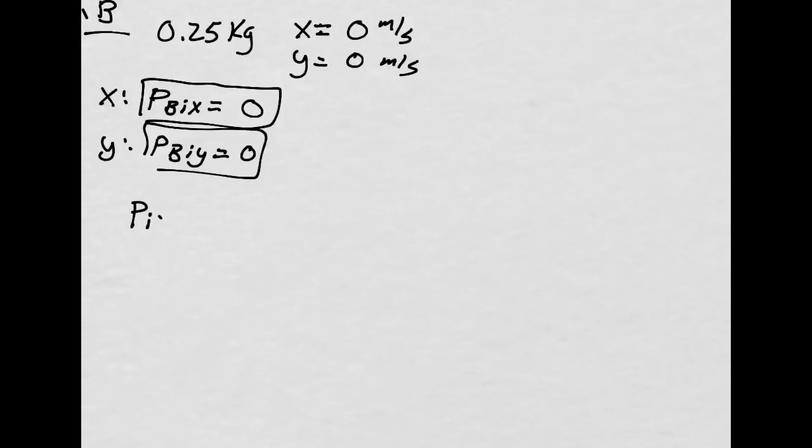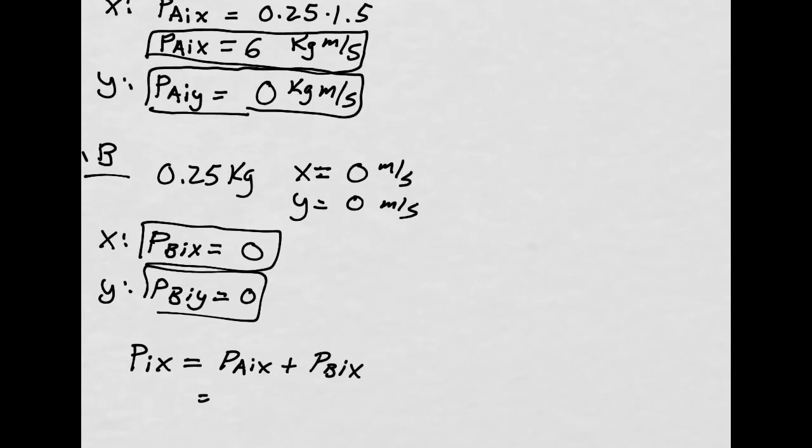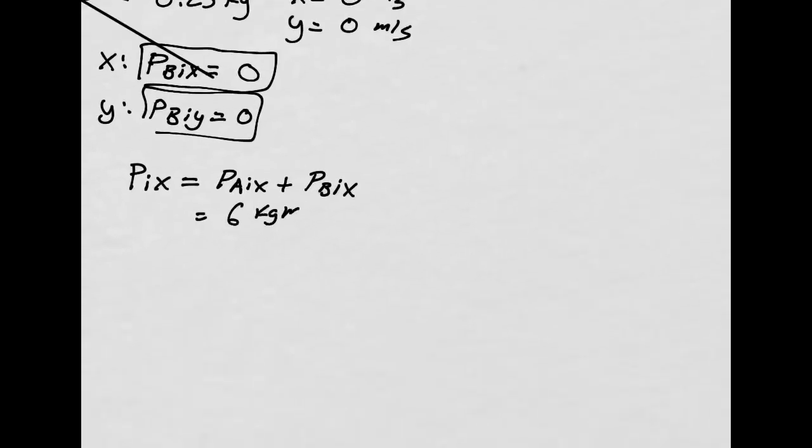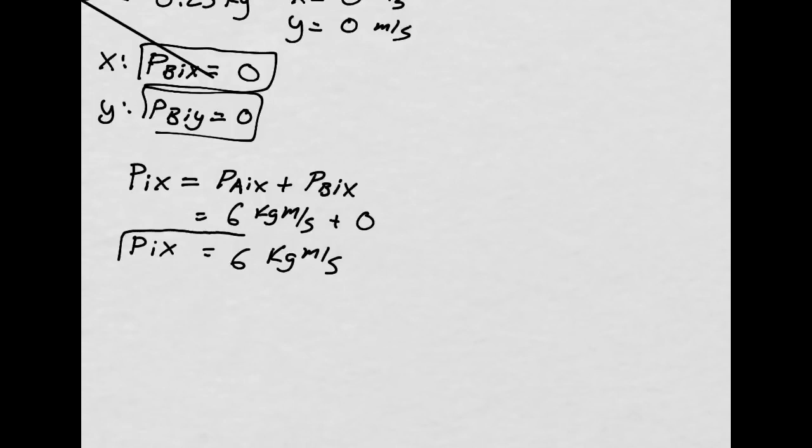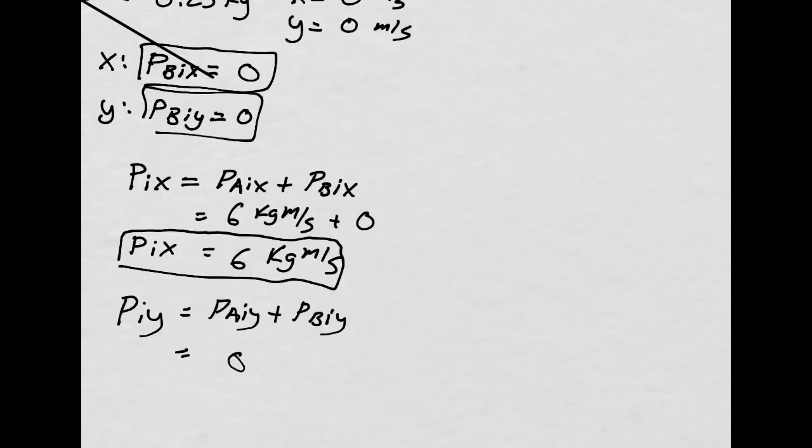So P_IX is equal to P_AIX plus P_BIX, which is 6 kilograms meters per second plus 0, or 6 kilograms meters per second. P_IY is equal to P_AIY plus P_BIY, which is 0, because both of those are 0.